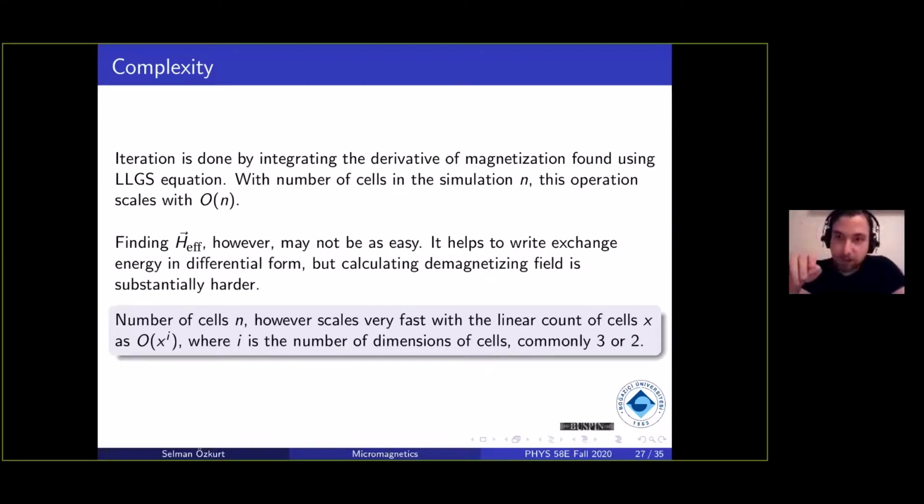I should note that. And these do not contribute much to the complexity. But for calculating the demagnetizing field, remember, we have to add contributions from many different magnetic charge densities located around the volume. So it adds a lot to the complexity.